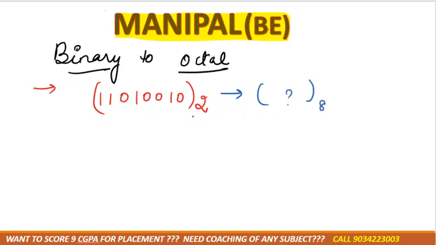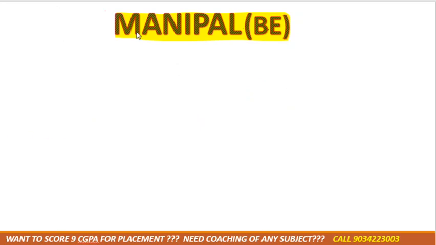Now make 3 pairs, from the right side we'll start it like this. So see how can we represent it. Like 2 raised to 0, 2 raised to 1, 2 raised to 2. 2 raised to 0 is 1, 2 raised to 1 is 2, 2 raised to 2 is 4.